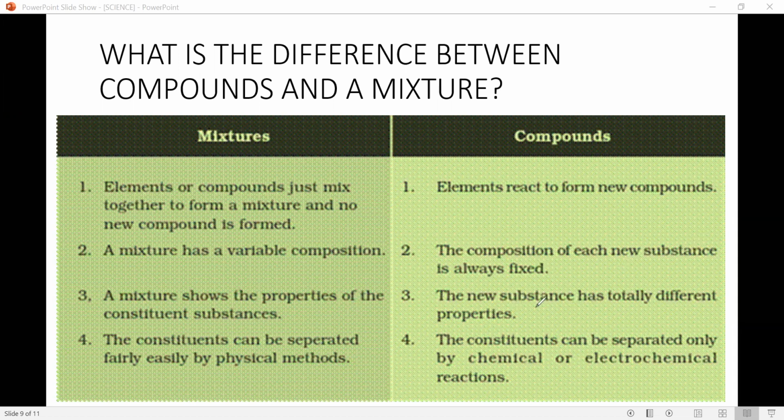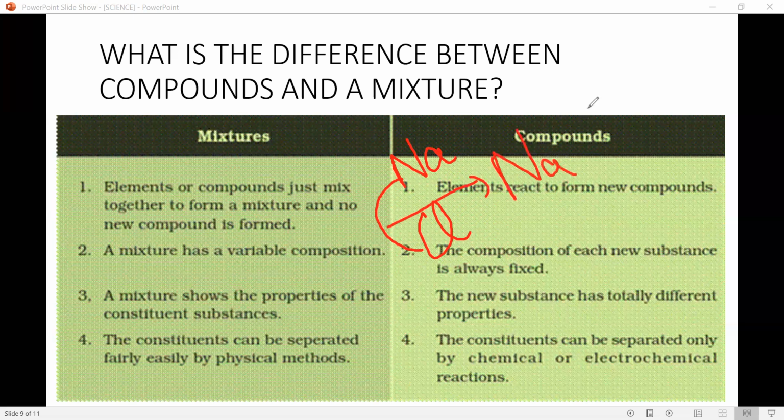But when they form a compound, their properties are totally changed. For example, Na is sodium and it is poisonous. And Cl, chlorine, is also poisonous. Sodium and chlorine come together and form a compound, sodium chloride, NaCl, and it is actually not at all poisonous.